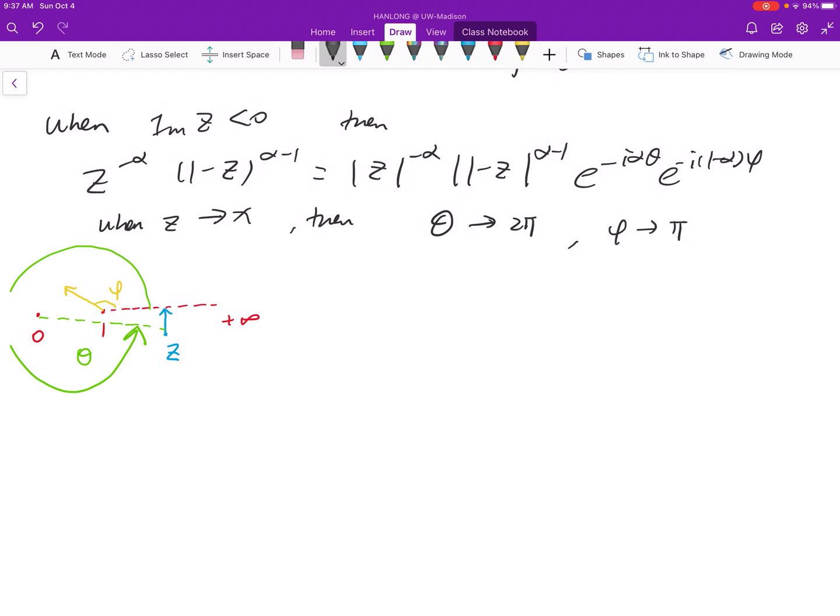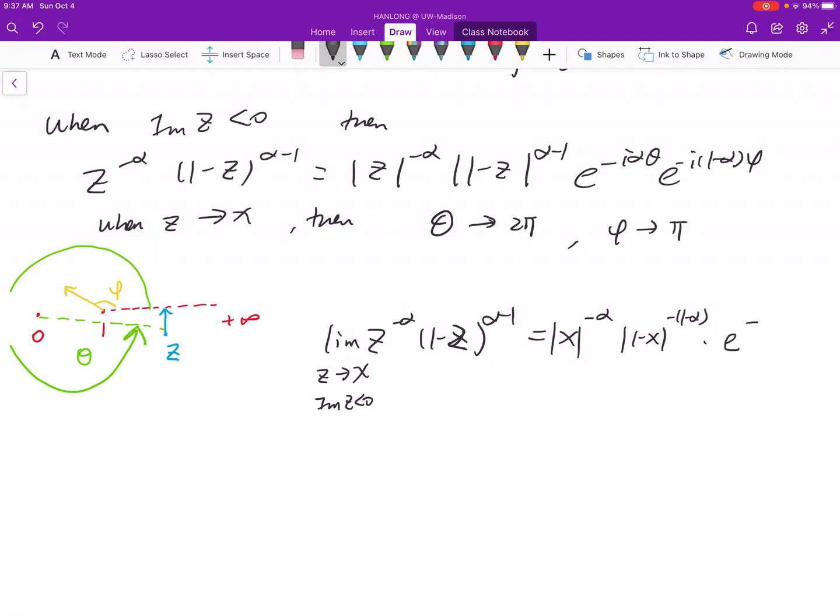Then you plug in, you have the limit as z goes to x, with imaginary part of z less than 0. The limit of the function is x to the negative alpha times 1 minus x to the minus 1 minus alpha, times exponential negative i alpha times 2 pi, exponential negative i (1 minus alpha) times pi.